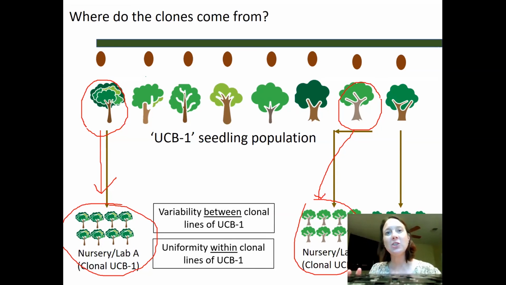So the take-home message here is that there may be variability between clonal lines of UCB1, but there should be uniformity within clonal lines of UCB1. For example, within this one clonal line of UCB1, the magnificent line, they should be uniform. So you should have uniformity within clonal lines, but variability between clonal lines.